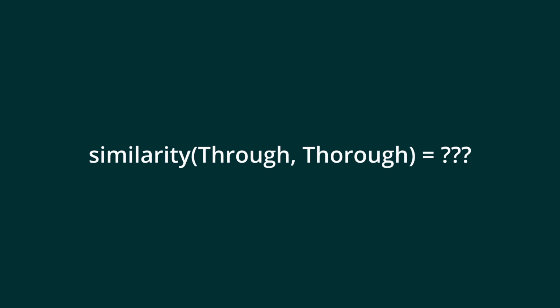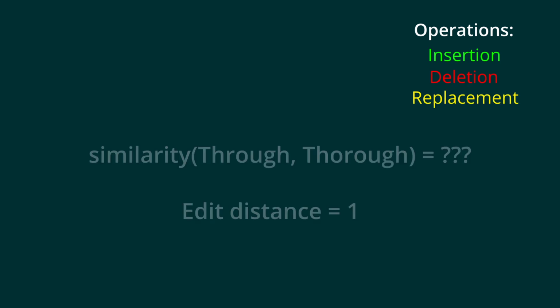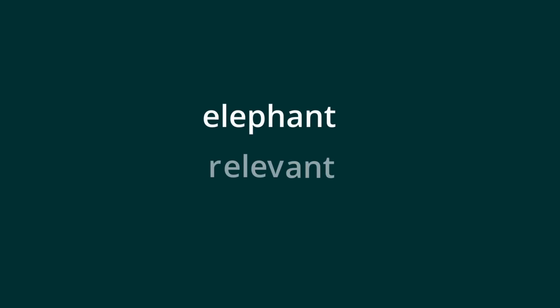To know this, we'll base ourselves on what is known as the edit distance, which is simply the number of characters we should insert, delete or replace in a word to make it equal to another. For example, if we have the words elephant and relevant and we want to determine their edit distance, let's see how many operations we need to perform to convert one word into the other.